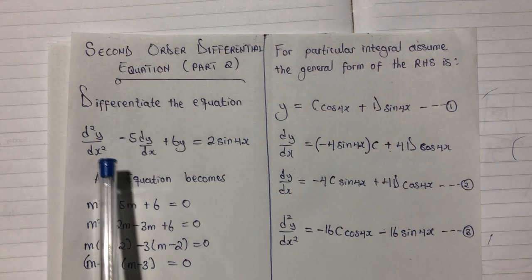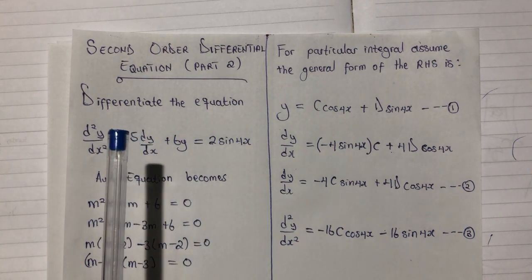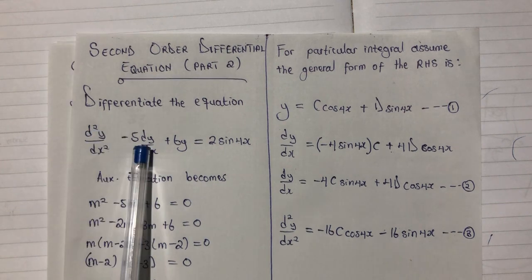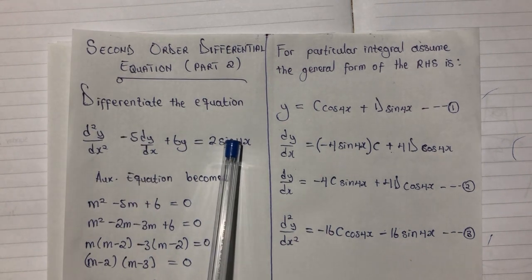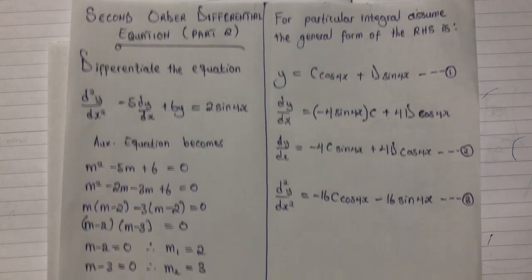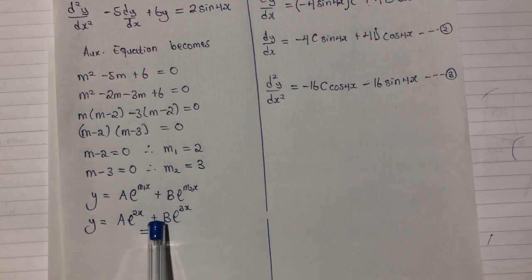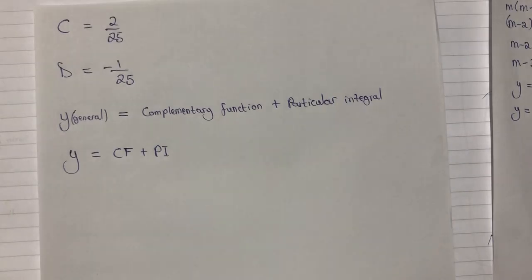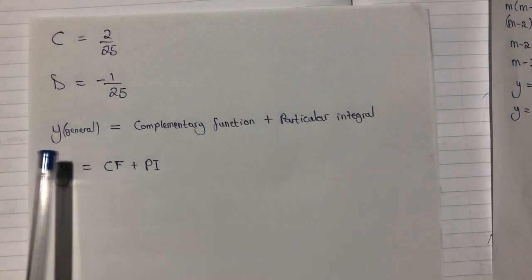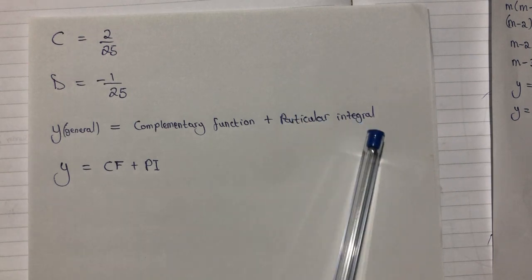The final solution will be the general solution, which is equal to the complementary function plus the particular integral function. The complementary function we got was y equals a e^2x plus b e^3x. So our general solution, y general, is equal to the complementary function plus the particular integral.